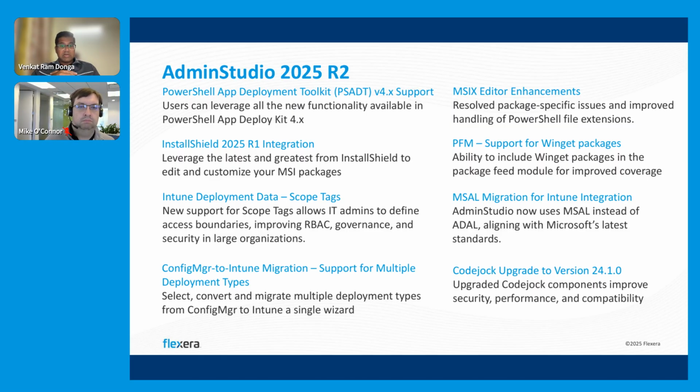And a significant addition to R2 was support for winget packages. So we have screened the winget repository for applications that can actually be used and consumed as a part of a package feed module. And these applications are tested for the basic test of security.